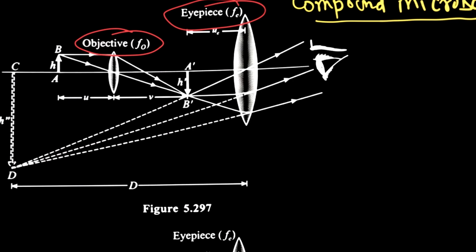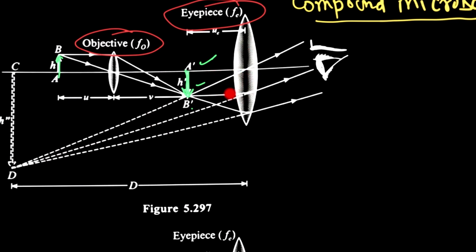Now the object is placed over here. This is the object, and the image of this object is forming at some distance, and that is a dash b dash. This image a dash b dash, formed by the first lens, will work as an object for the second lens.